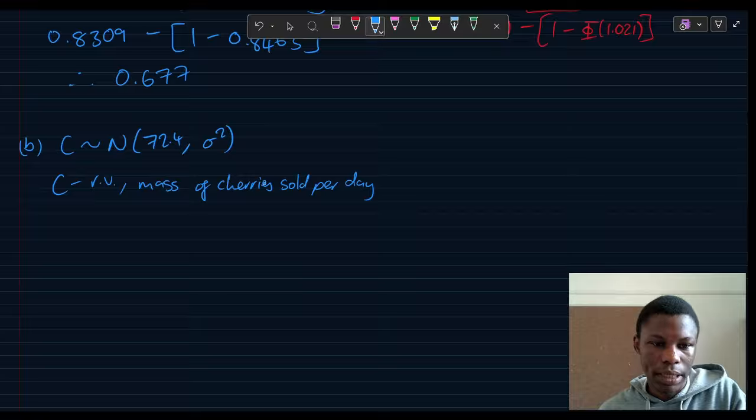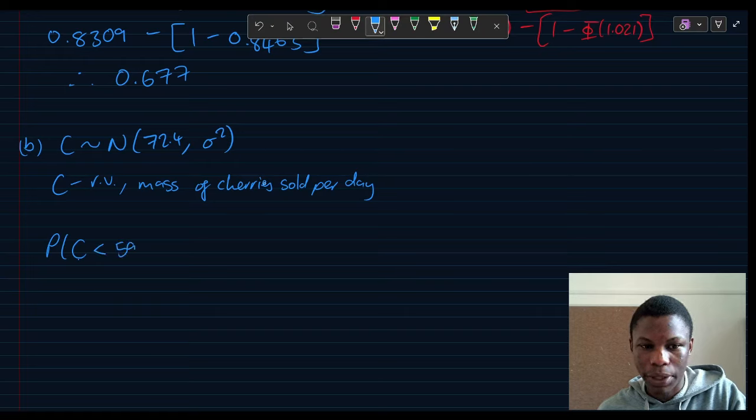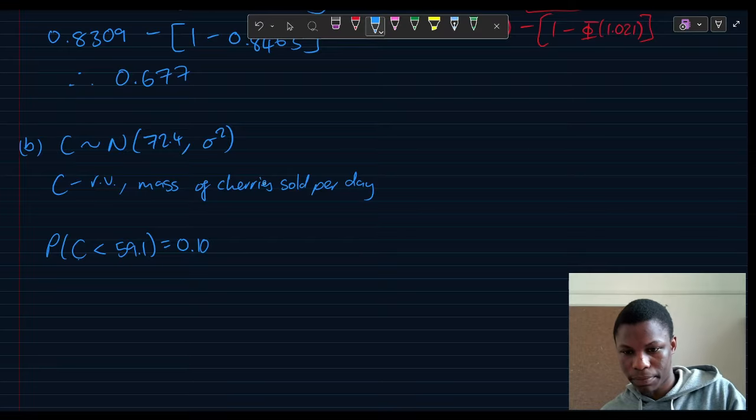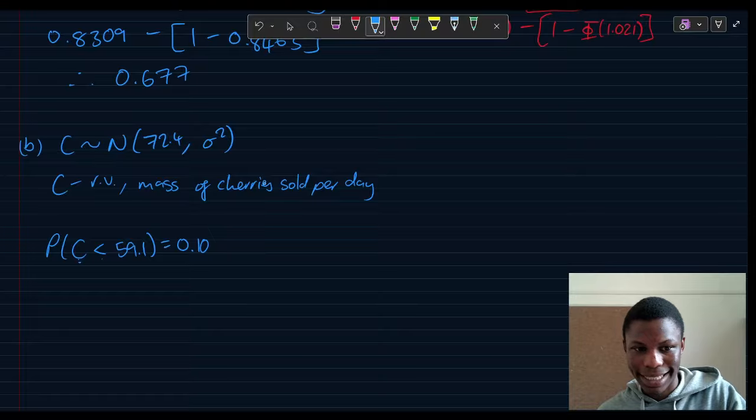We are told that the probability that the mass of cherries sold per day, which is C, is less than 59.1 kgs is equal to 10%. I hope that makes sense.